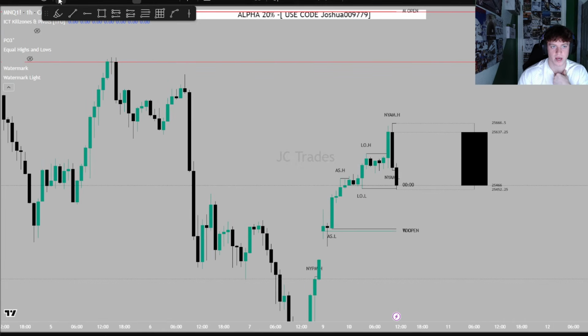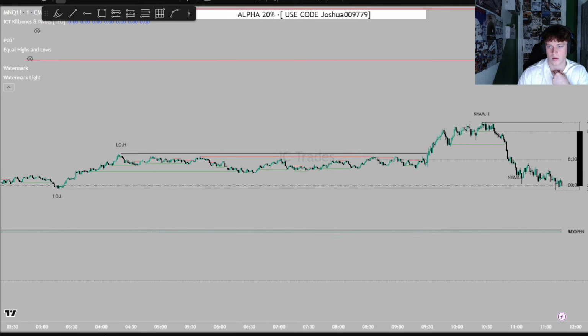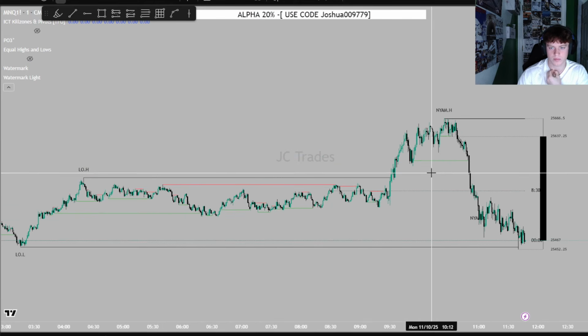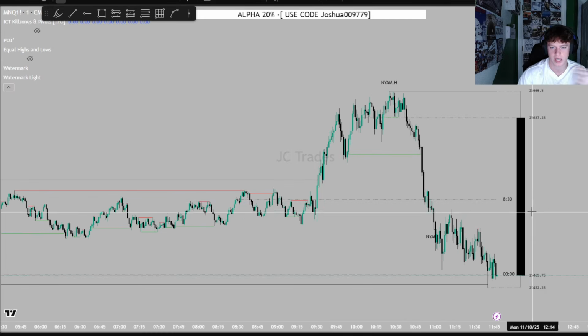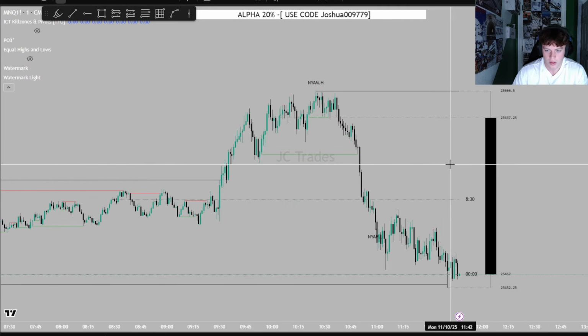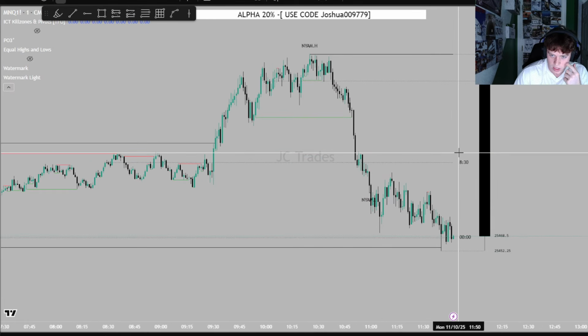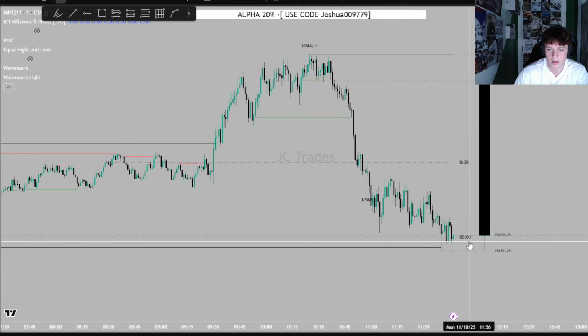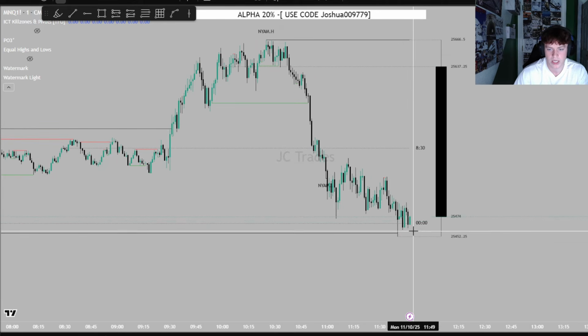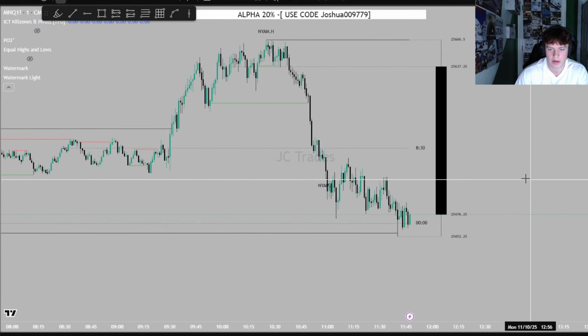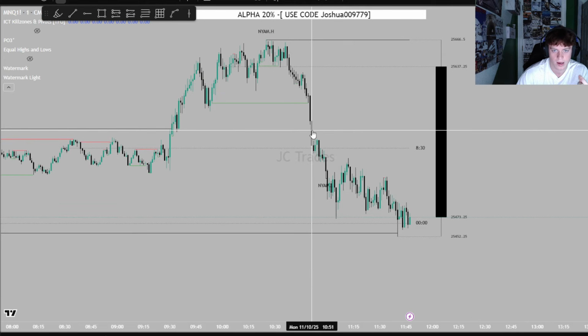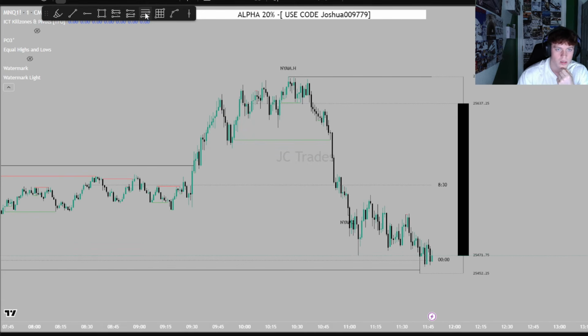Let's see if we can find some from today. Today was pretty bad price action, so the levels might not be playing out as well as they usually do. And look, right now we have midnight open, which is actually being bottom ticked right now. We'll see how that reacts in the rest of the video, but who knows.